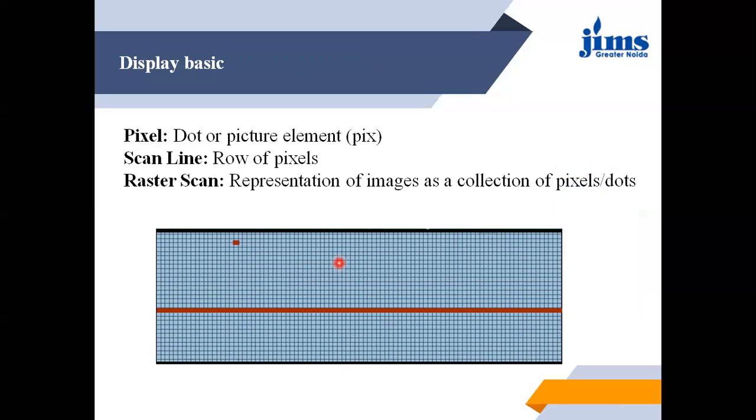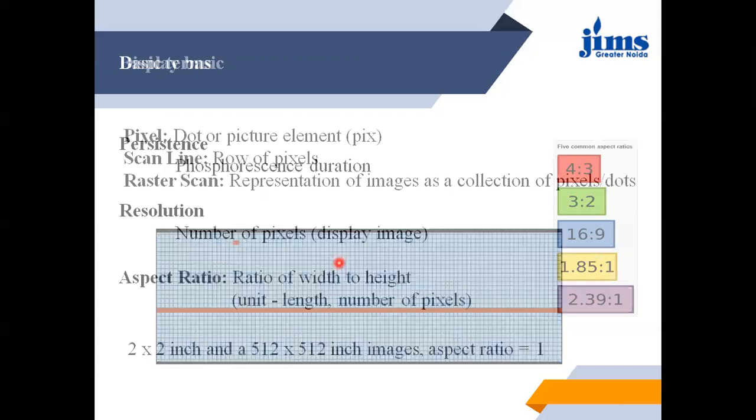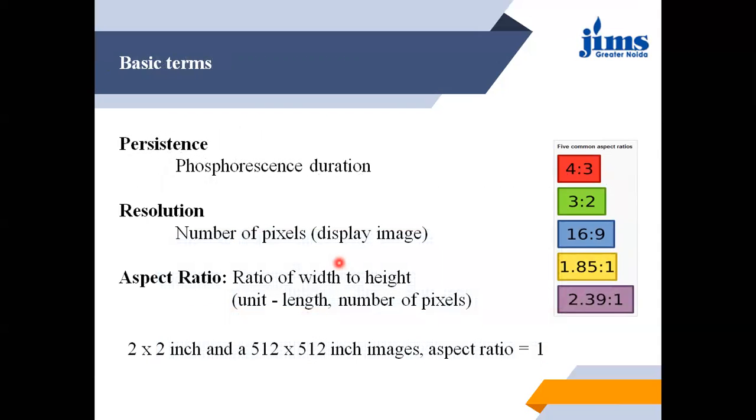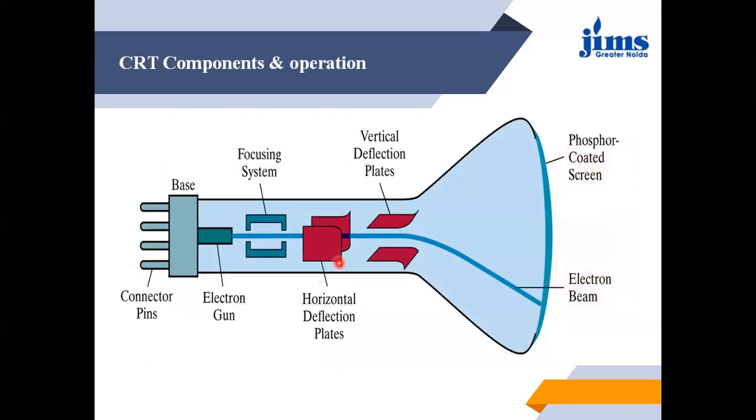Now the basic things we are going to use in computer graphics will start from here. Till here, we were discussing the basics of computer graphics, how things happen in analog.